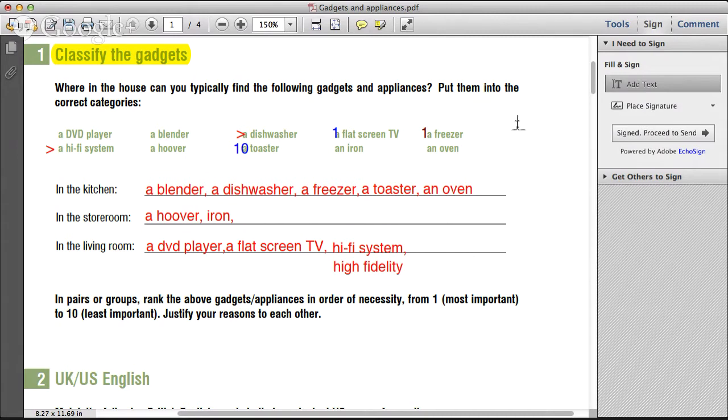Okay. And which one is the least important for you? Least important is the hi-fi system. Okay. Yes. All right. And why is the hi-fi system least important for you? The hi-fi system isn't as important because we use it in few moments.